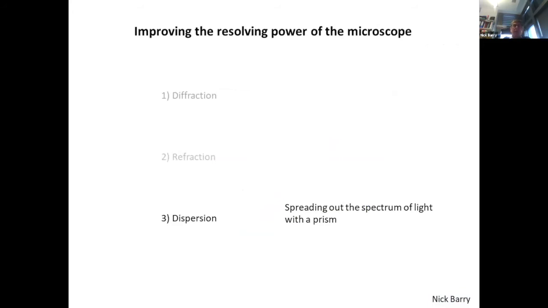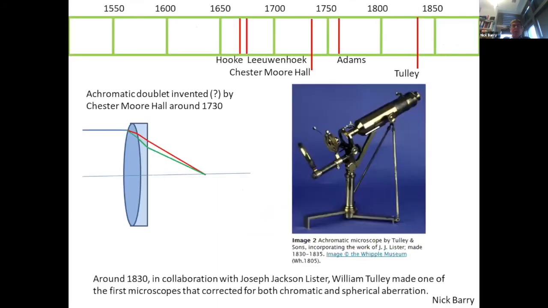the spreading out of the spectrum of light by a prism, for example. So this was actually solved towards the middle of the 18th century, with the achromatic doublet.